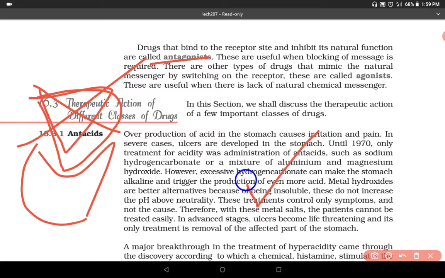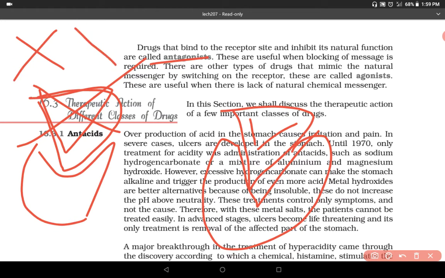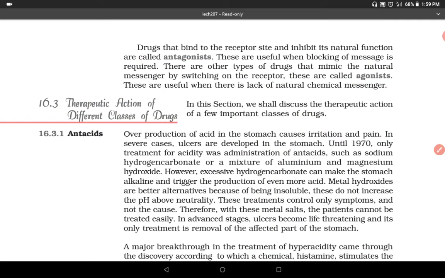But an agonist is like that: the active sites are filled by these drugs mimicking the natural messenger. It means it increases the chemical messenger, but here it decreases or stops the chemical messenger. That's the difference. It decreases or stops the chemical messengers in an antagonist, but in an agonist it increases the chemical messengers. That's the major difference. Let's move on.